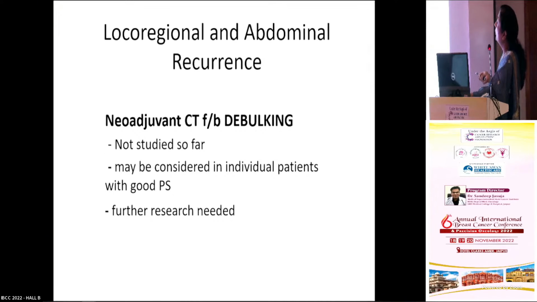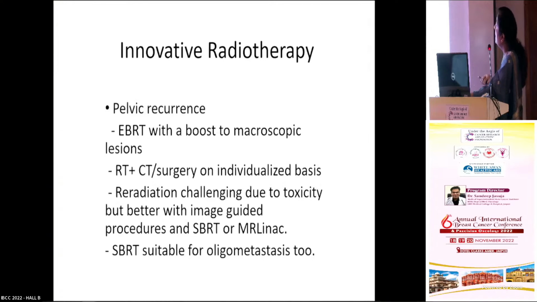Neoadjuvant chemotherapy followed by debulking has not been studied so far, but may be considered in individual patients. Further research is needed. Again, for pelvic recurrence, EBRT with the boost, like I said, RT plus CT or surgery on an individualized basis has to be done.